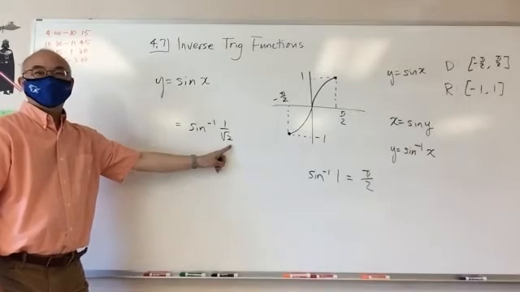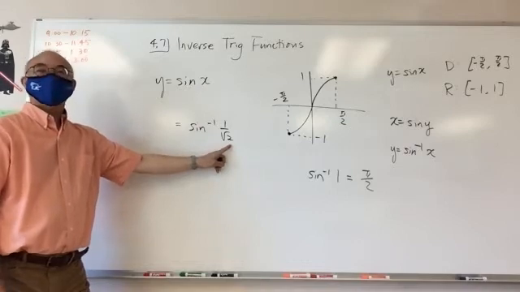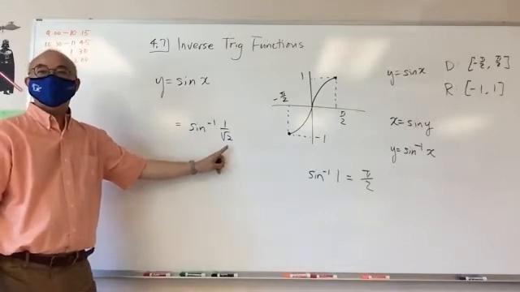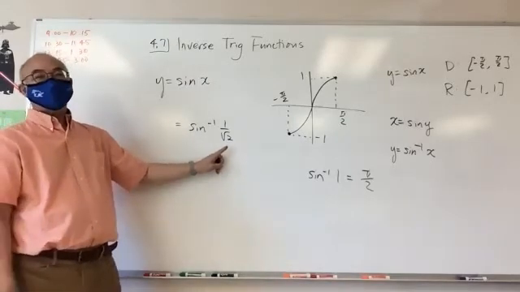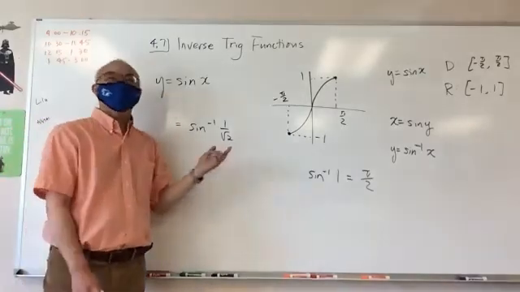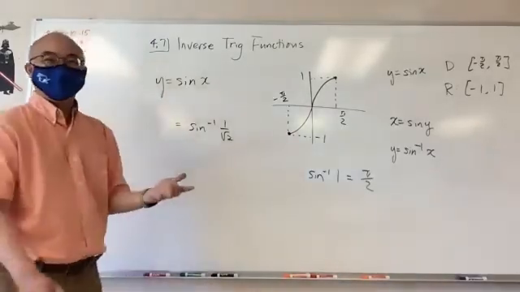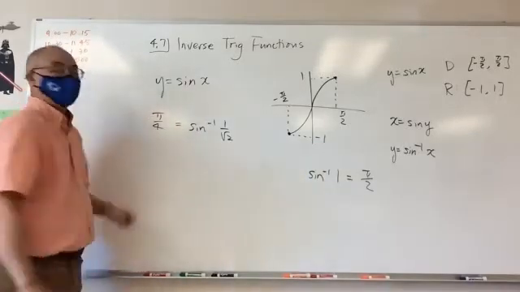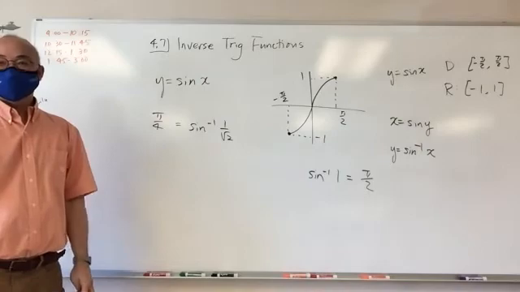No. What is it? Pi over 4, right? 45, sine of 45, 1 over root 2, root 2 over 2. Did you guys already forget your unit circle? Man, I stopped giving you the quiz and you forget already? So this is pi over 4, correct?